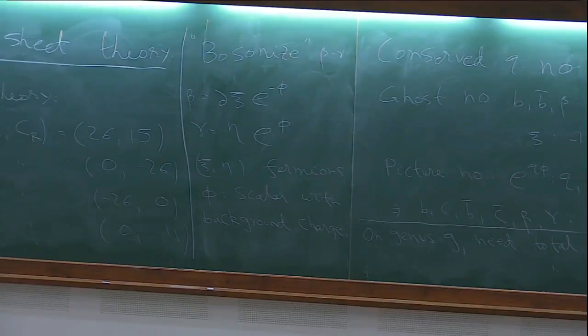T beta gamma will be the beta gamma stress tensor. Tf will be the matter super stress tensor, which basically means the fermionic superpartner of the stress tensor. So this has dimension 0, 3/2, for example.